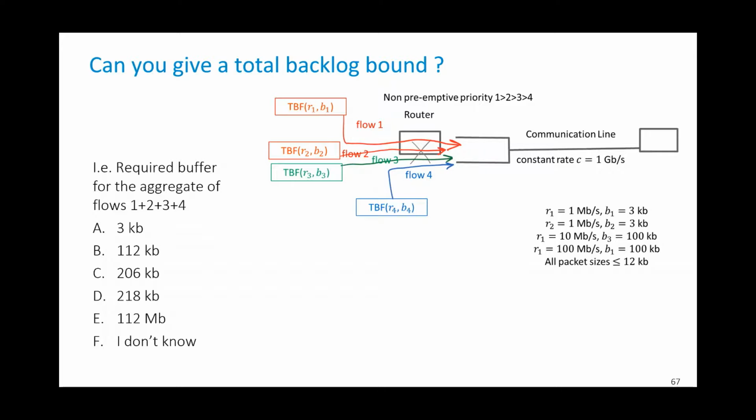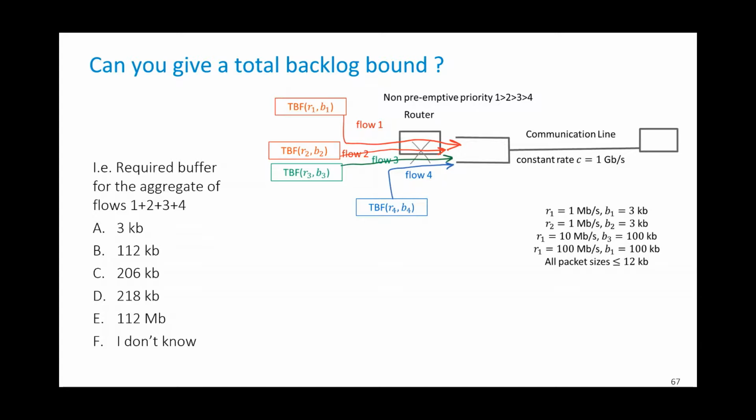Maybe the worst case would be every time there's a lower priority flow that's served just before higher priority flow comes. Perhaps, but how do we know if that's the worst case? Yeah, but that's a good point. One way to reason about such system is to imagine the worst case.